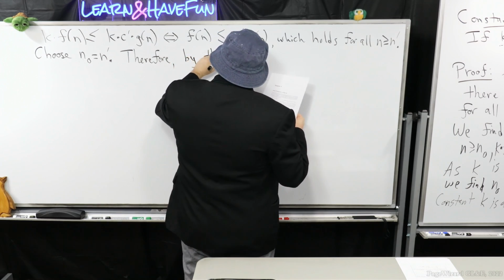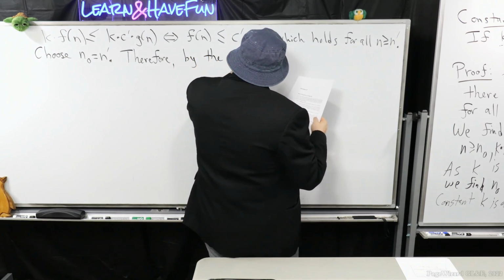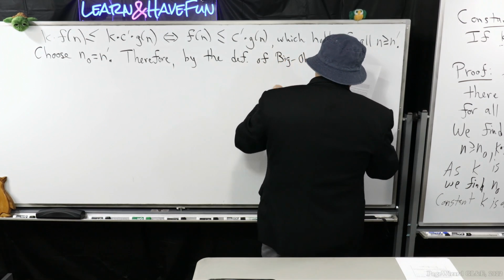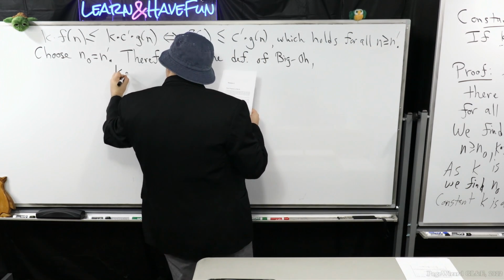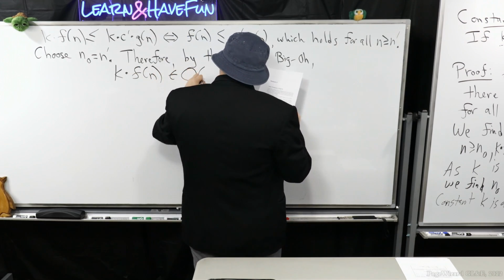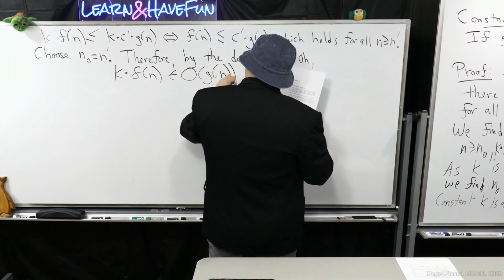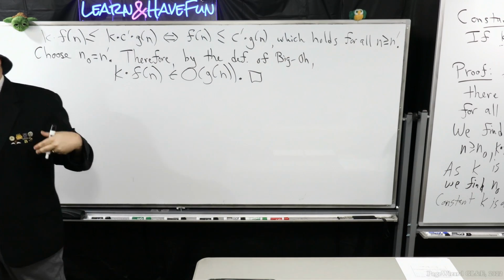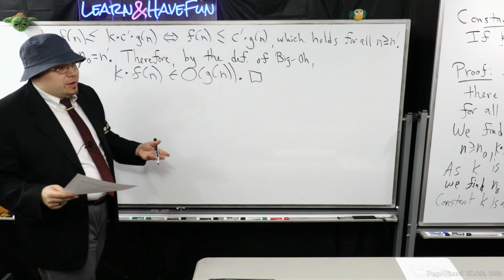Therefore, by the definition of big O, we know k times f is big O of g. And we're done.